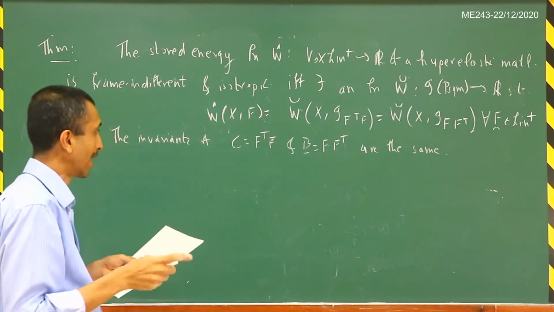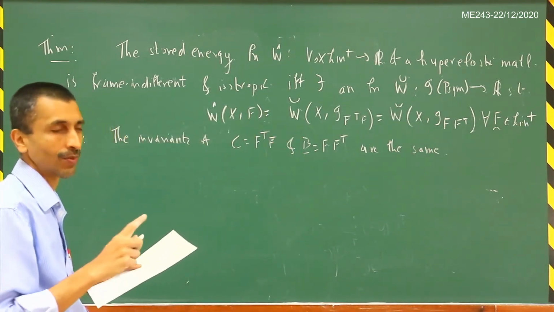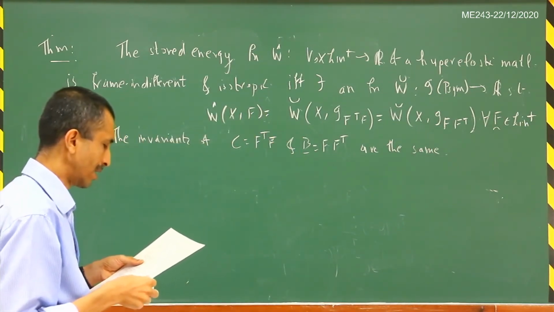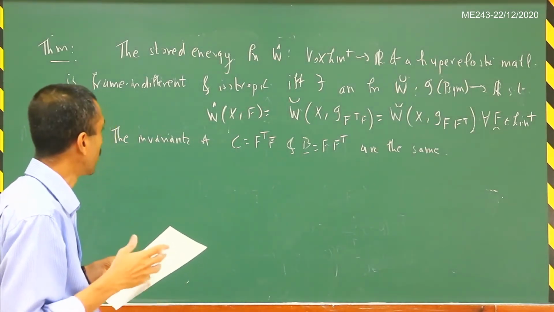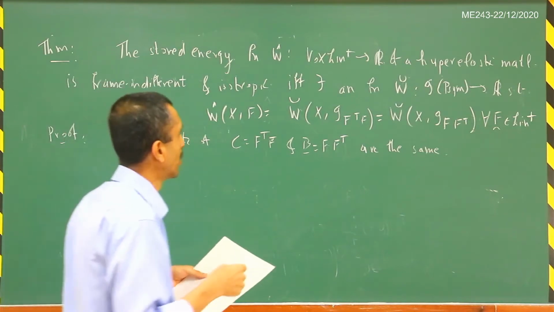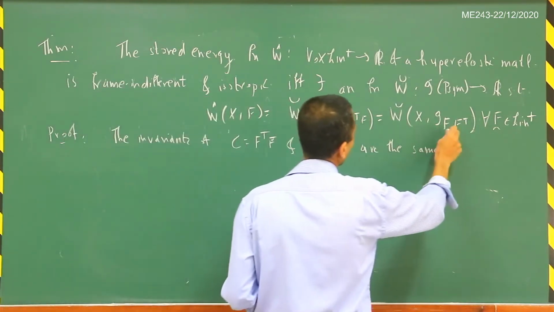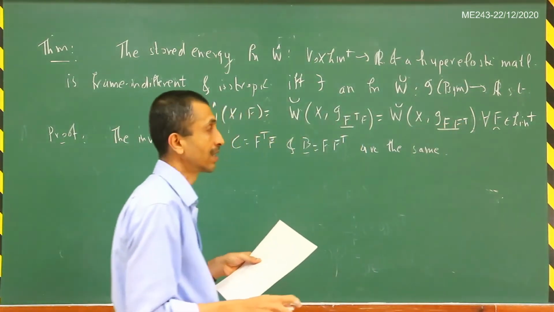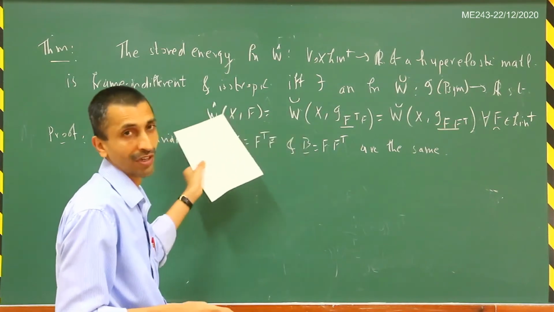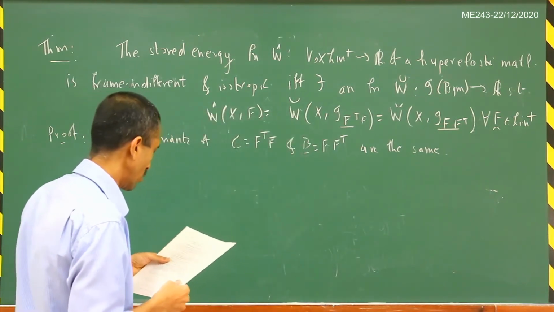They are linked to each other through R and R transpose. We have already seen that, and so the principal invariants are the same. So this part is trivial. We just need to show the first relation.